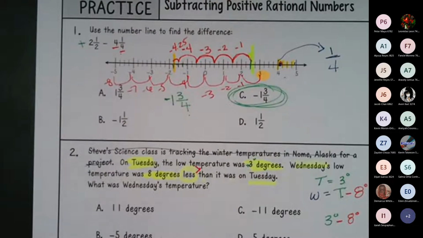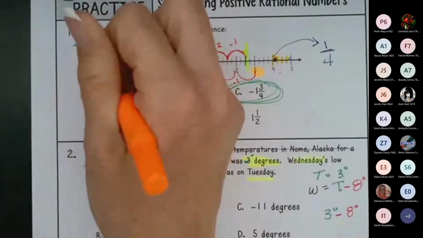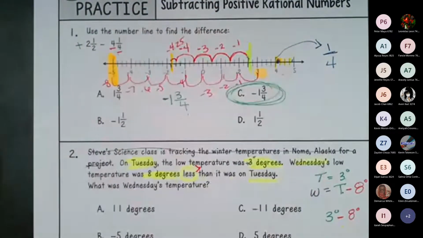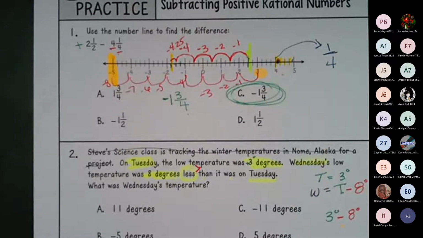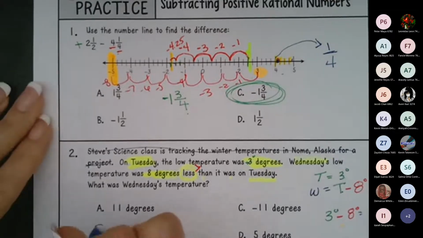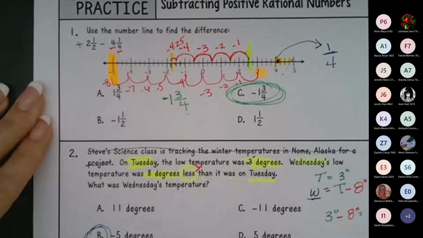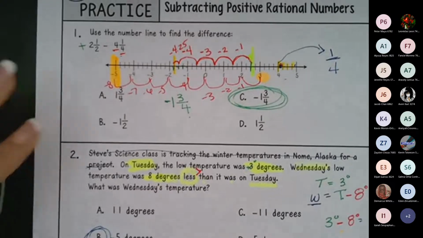Now that I've subtracted 8, I see here on the number line I'm at negative 5. All right, so 3 minus 8 equals negative 5 degrees. That tells me on Wednesday the temperature was negative 5 degrees.